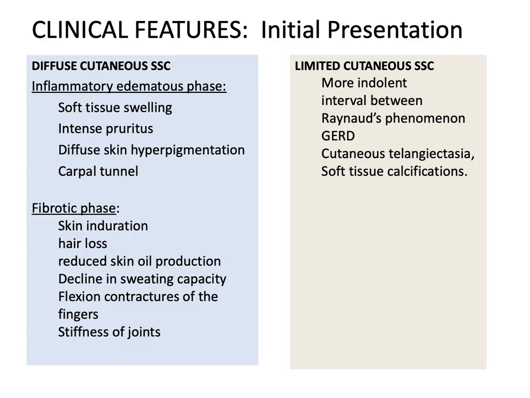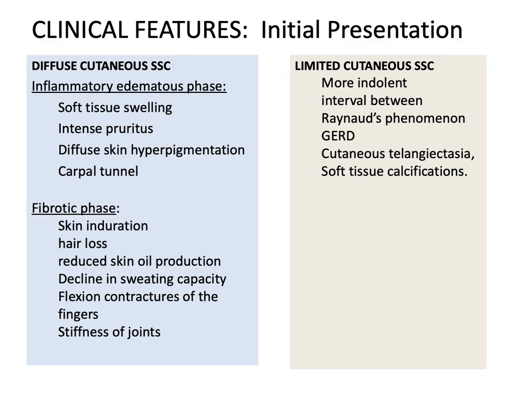During the ensuing weeks to months, the inflammatory edematous phase evolves into the fibrotic phase, with skin induration more prominent, associated with hair loss, reduced skin oil production, decline in the sweating capacity, presence of flexion contracture of the fingers or sclerodactyly, and stiffness of the joints.